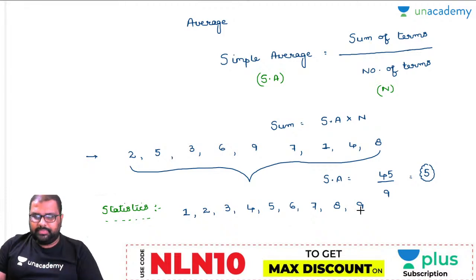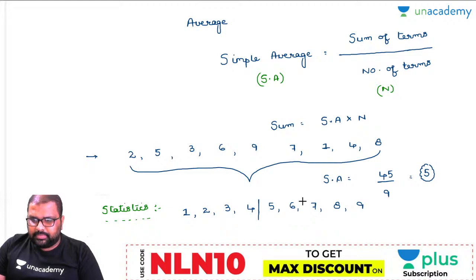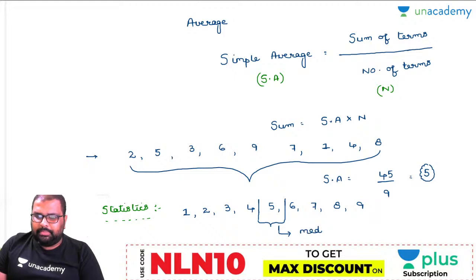Now the next step is you will divide the numbers into two equal halves. Yes, I have divided the numbers into two equal halves. Now the middlemost number is called what in statistics? You call this number the median. Am I right or wrong? Median means middlemost number.